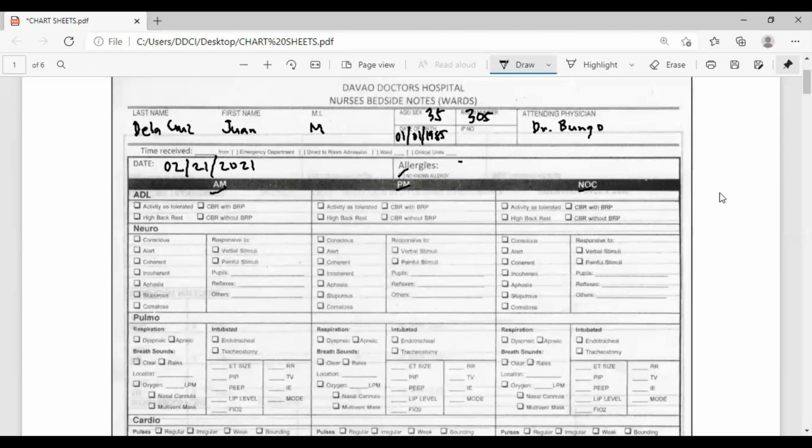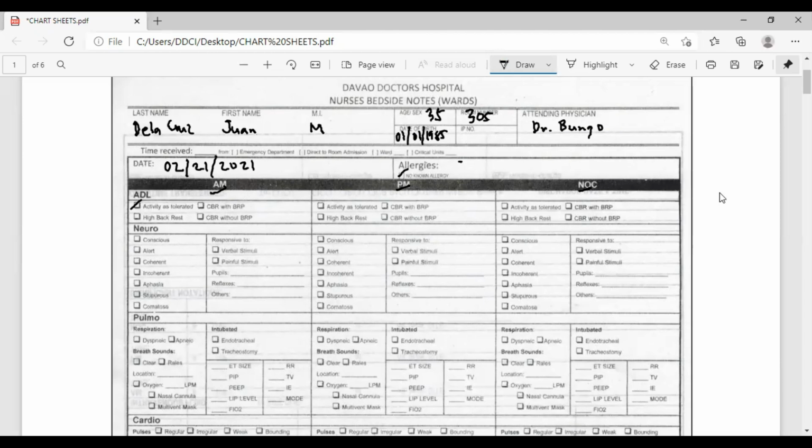but in the night shift you must use red. Okay, so for the ADL, meaning activity of daily living, you have here your choices, so you can pick the status of the patient. So here we have activity as tolerated, CBR with BRP, CBR without BRP, and high backrest. Okay, so our patient, let's say, is having activity as tolerated, so you just put a check on that one. Okay, and in the neuro section, you have to pick.